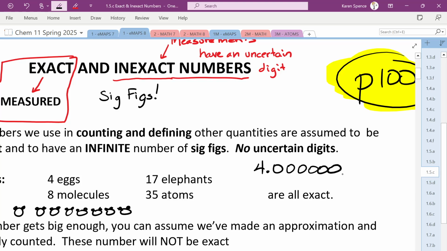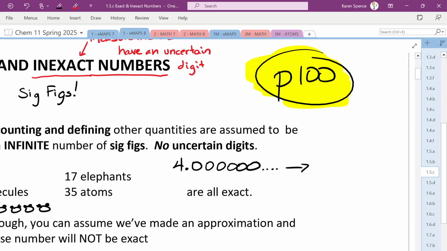In fact, I could keep going all the way up to how many zeros? An infinite number of zeros. Yes? So how many sig figs are in that number? Any exact number has infinite sig figs.